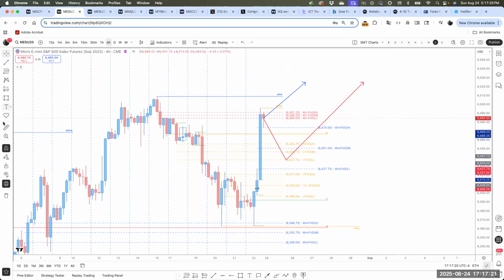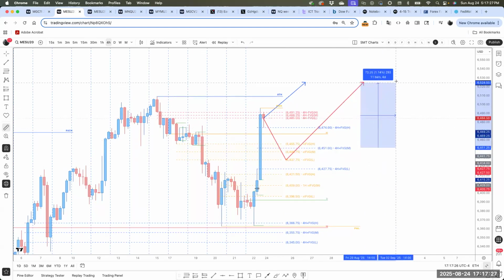But if price comes in here, let's say it only comes to the middle, that's almost 1,000 points or 760 points. So you've got a better chance to get more points on the up move than you do on the down move.